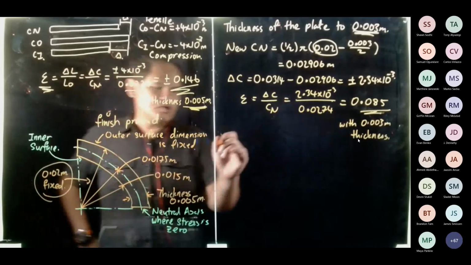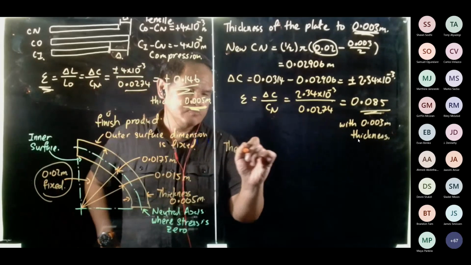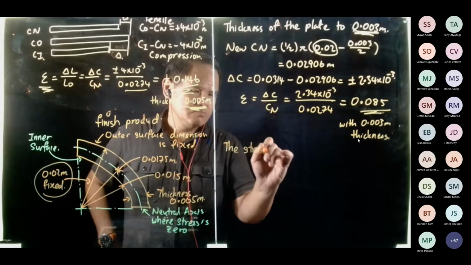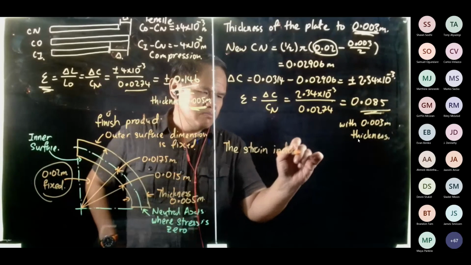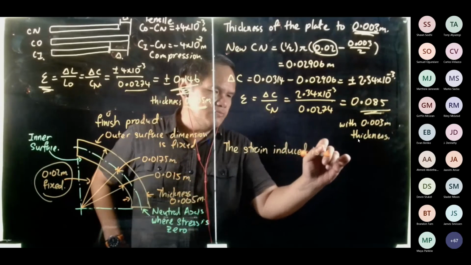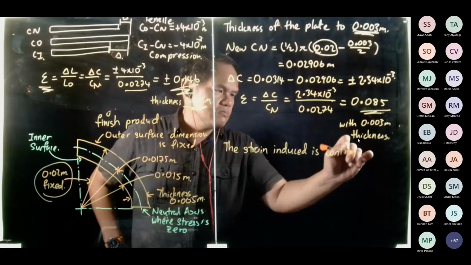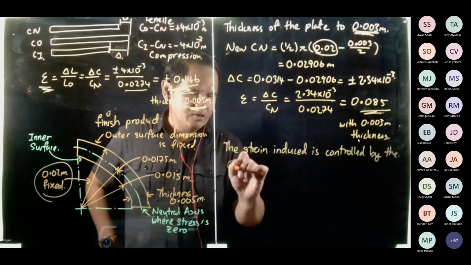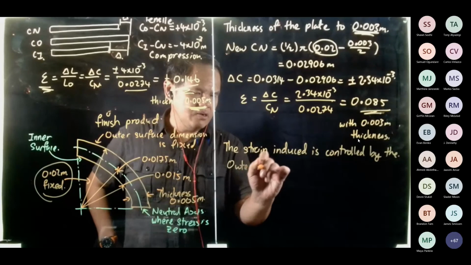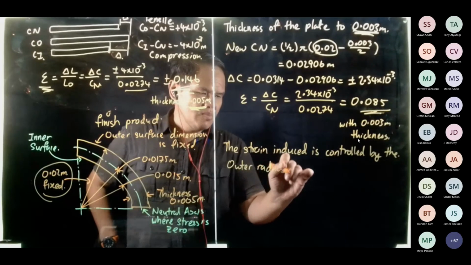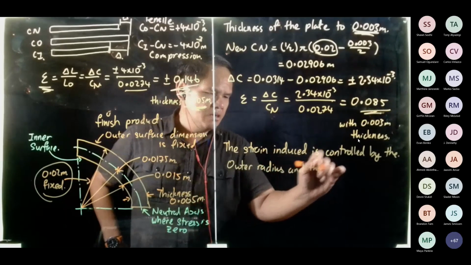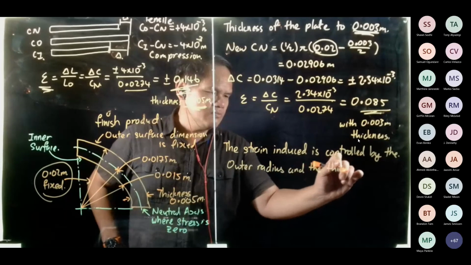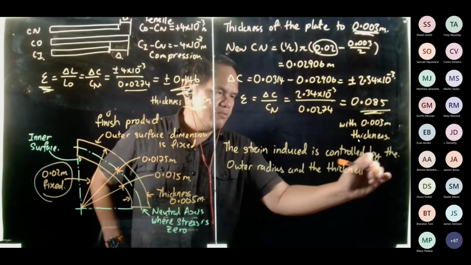So the strain induced is controlled by the outer radius and the thickness of the plate.